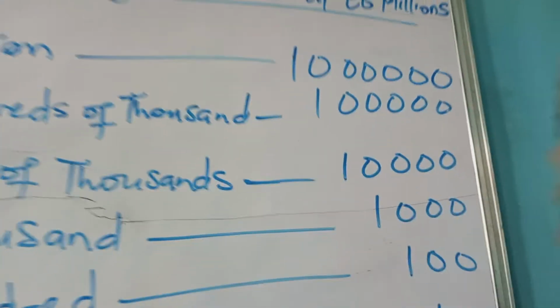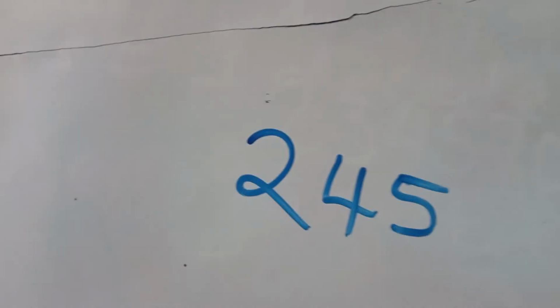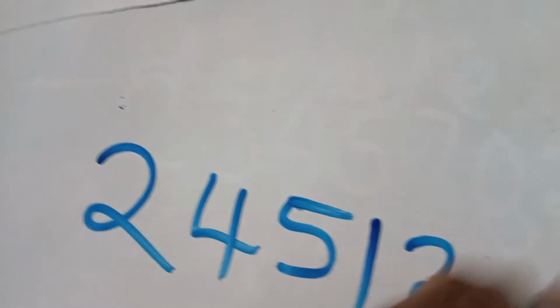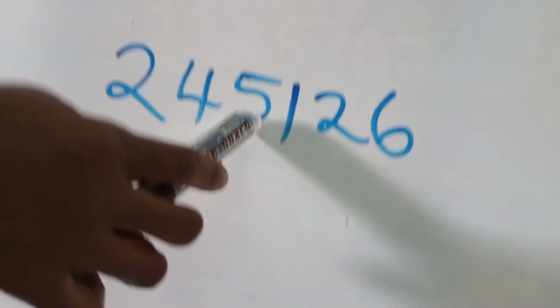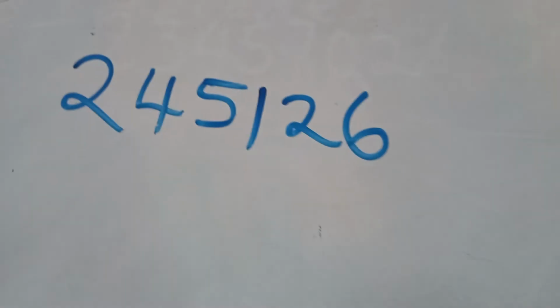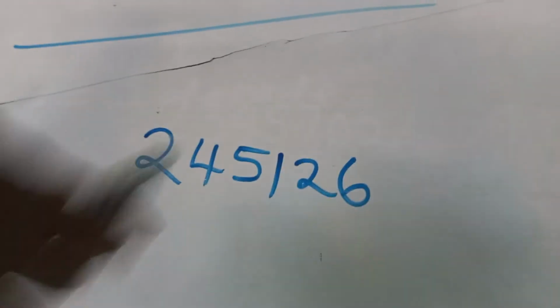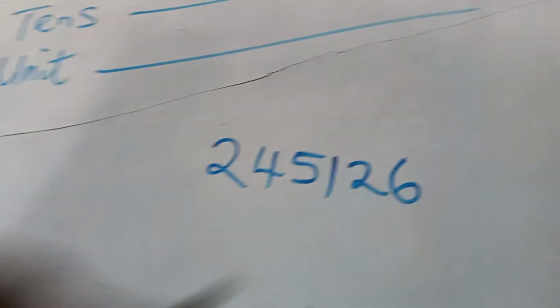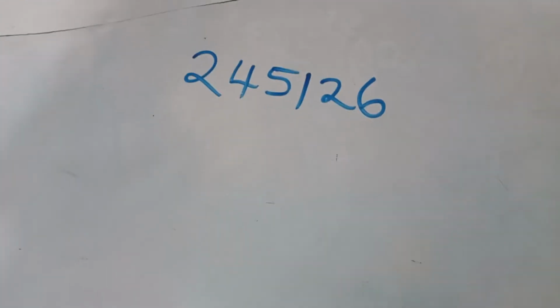So when you are told to write a number like 245,126, if you want to write any number such as this that must fall under hundreds of thousands, and the number of digits exceeds 6, it means what you have written is wrong.